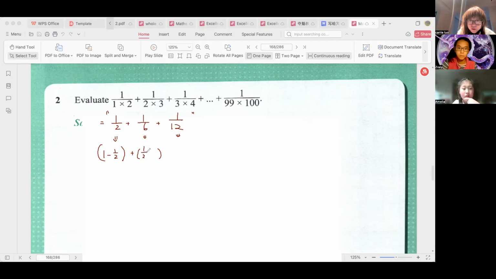Is it equals 1 over 2 minus 1 over 3? Okay, now 1 over 12, Amelia, equals what?